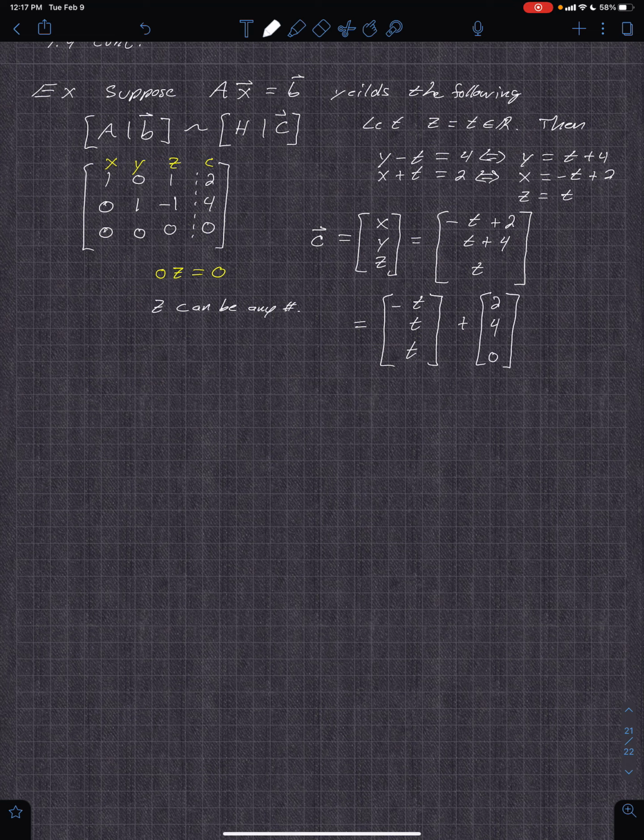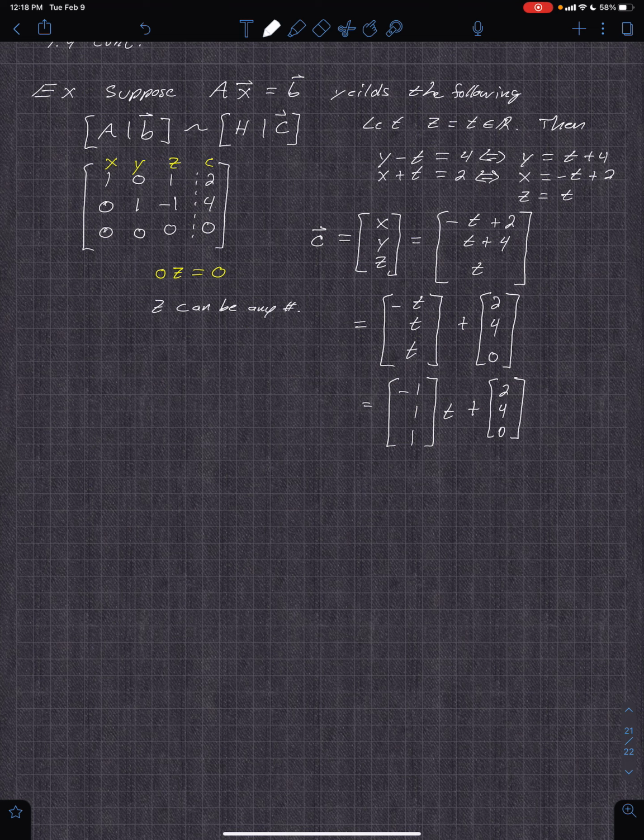Like that. And then we can even factor out that t and have basically negative 1, 1, 1. And then t is your arbitrary value on the outside, like that. Plus 2, 4, 0.